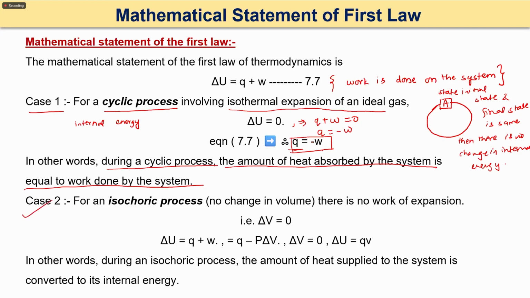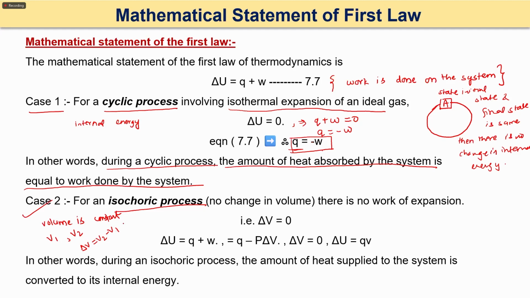The second case is for an isochoric process. For an isochoric process, your volume is constant. Let's say the initial volume and final volume are given, so the change in volume is V2 minus V1.